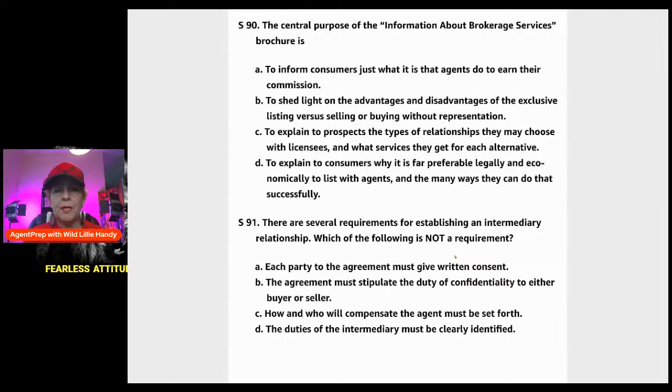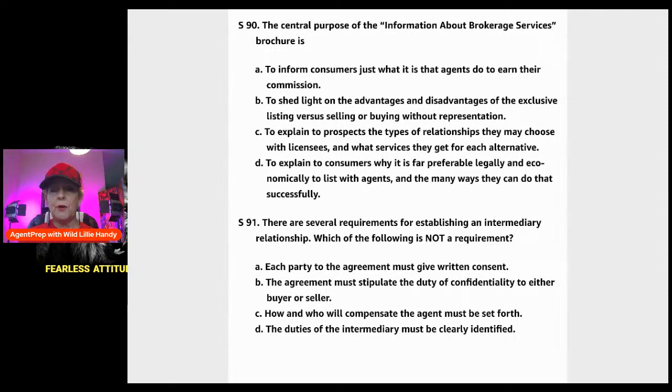Number 90. The central purpose of the information about brokerage services brochure, IABS, that's what we abbreviate it as. A, to inform consumers just what it is that agents do to earn their commission. B, to shed light on the advantages and disadvantages of the exclusive listing versus selling or buying without representation.